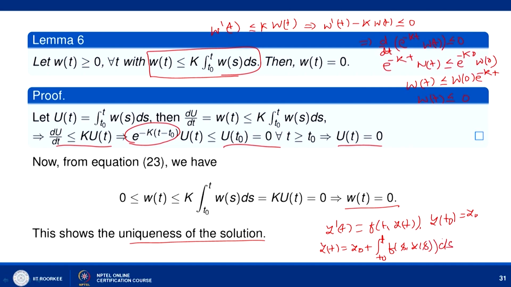Then we constructed the approximate solution of this integral equation, and we have shown that the sequence of approximations converges to a limit y(t). We have shown that y(t) is continuous, that such a y(t) is a solution, and that a solution which satisfies the integral equation is going to be unique.